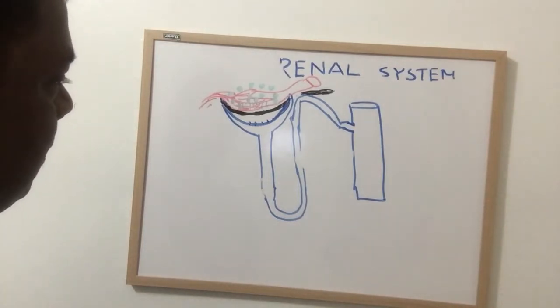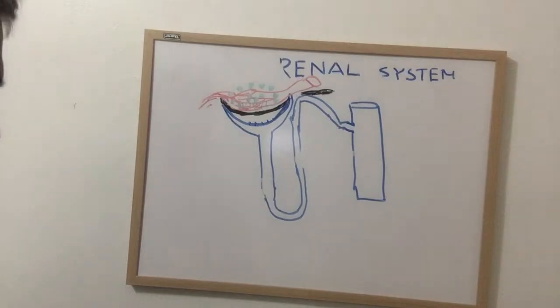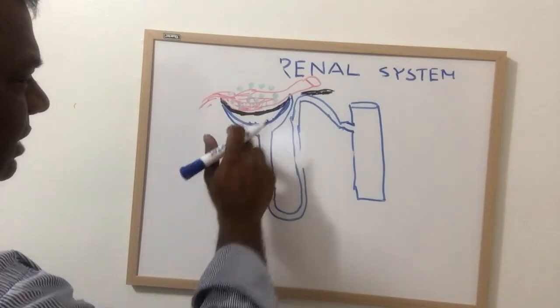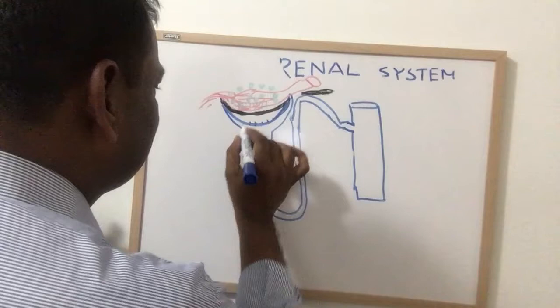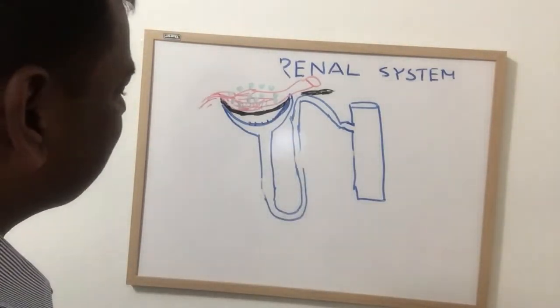What does that mean? That means the larger molecule can enter here, and once in the basement membrane there is some filtering slit there.